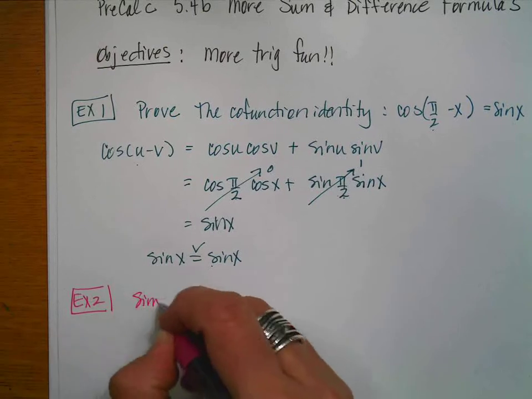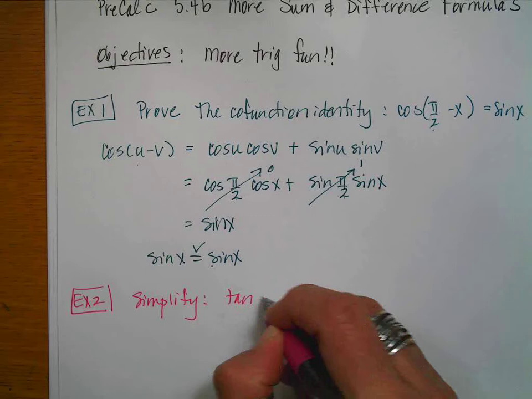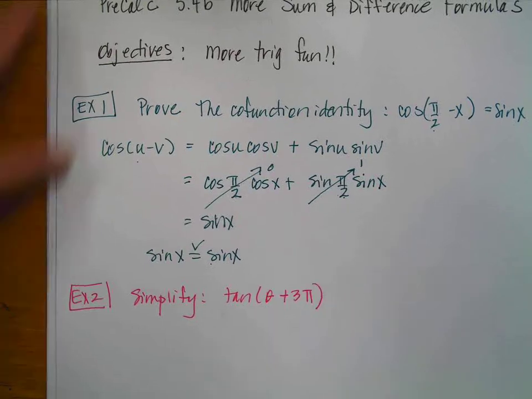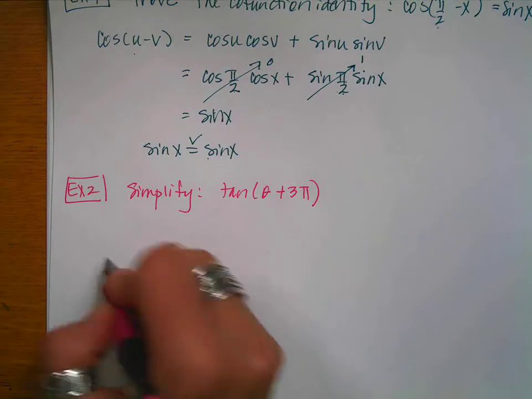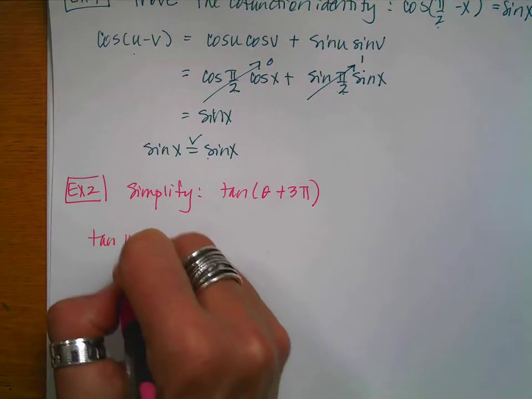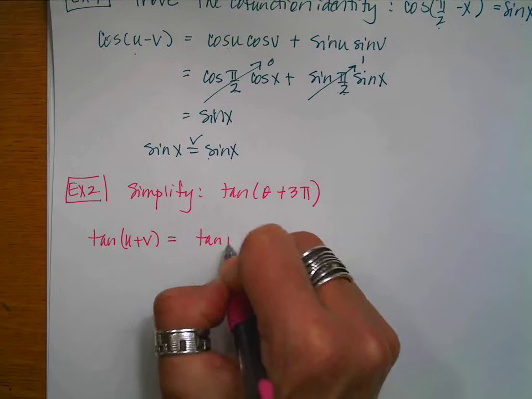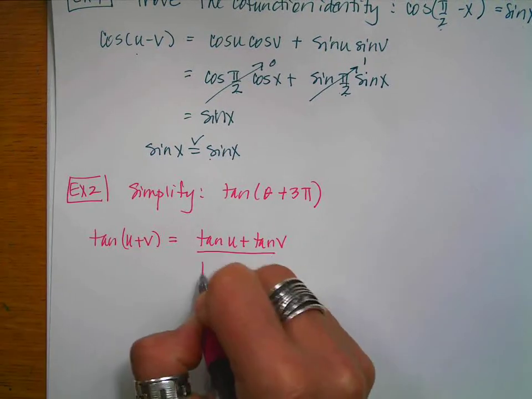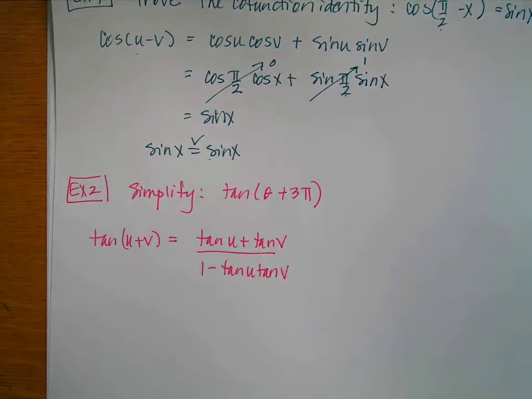So for example number 2, I want to simplify, and we're going to have the tangent of theta plus 3 pi. So again, I'm going to approach this problem by using the tangent of a sum. Well, the tangent of u plus v, using that first formula, is the tangent of u plus the tangent of v divided by 1 minus the tangent of u and the tangent of v.